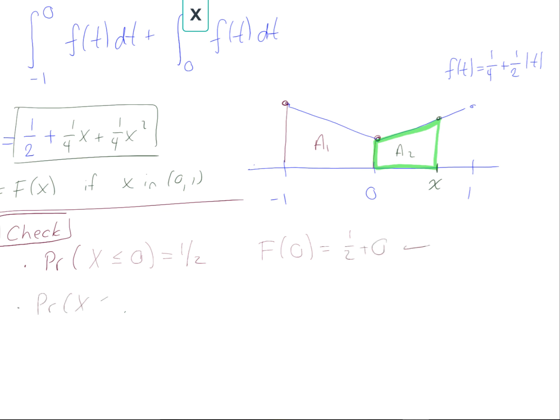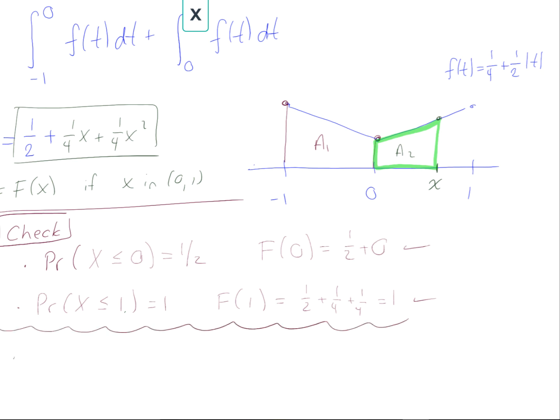All of our values are less than or equal to 1, so the probability x is less than or equal to 1 needs to be 1. If I plug in 1 to the function I found, I get 1/2 plus 1/4 plus 1/4, and that is indeed 1. So these are good indications that the function we came up with is reasonable.